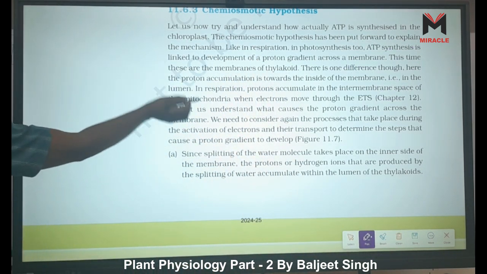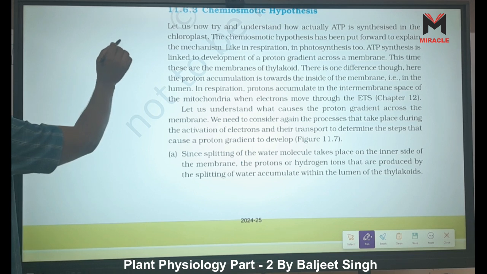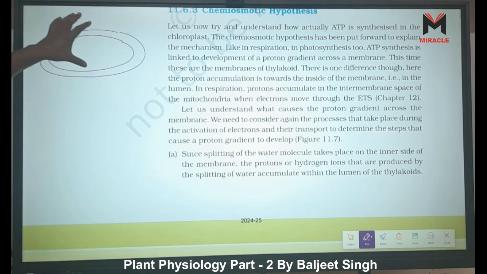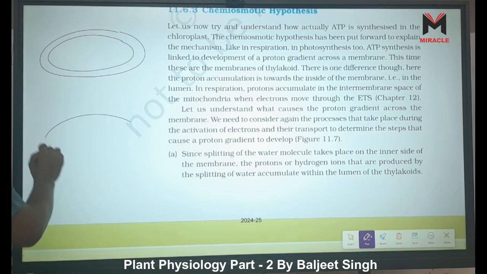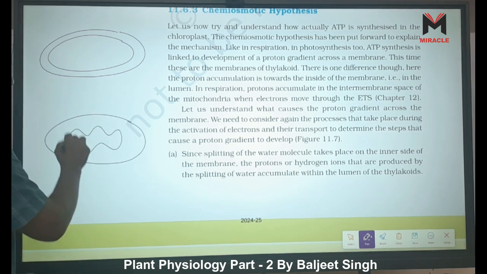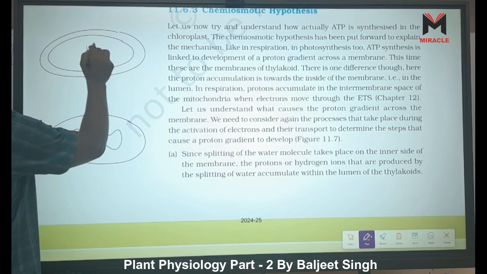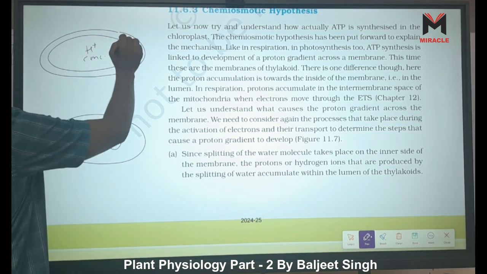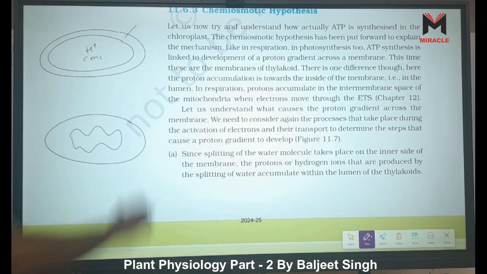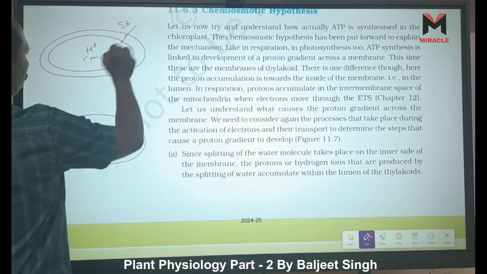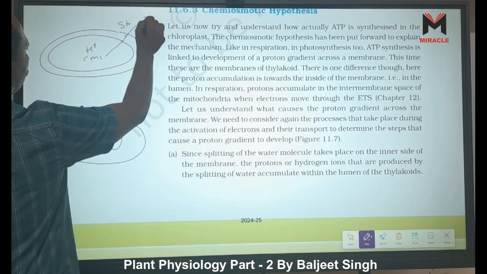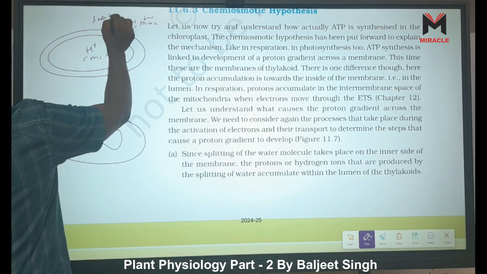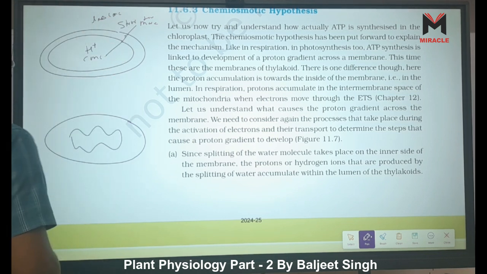This is our grana, in photosynthesis, these are our thylakoids, right? And this is our mitochondria. Here the H plus ion concentration is more than on this side. This one is stroma, where H plus concentration is less on this side, right?